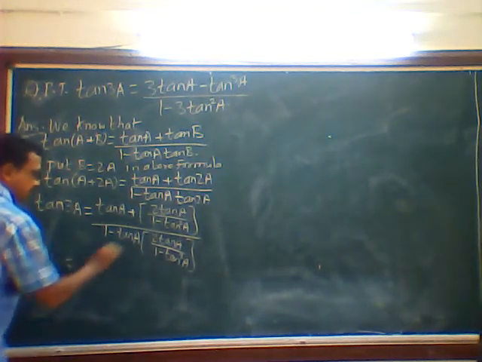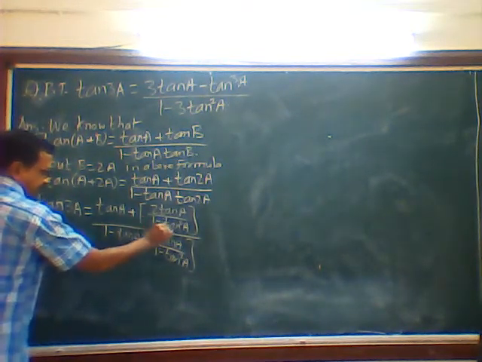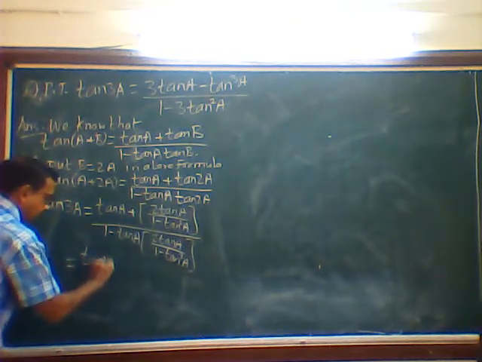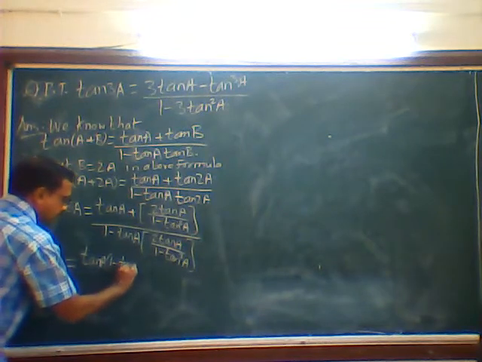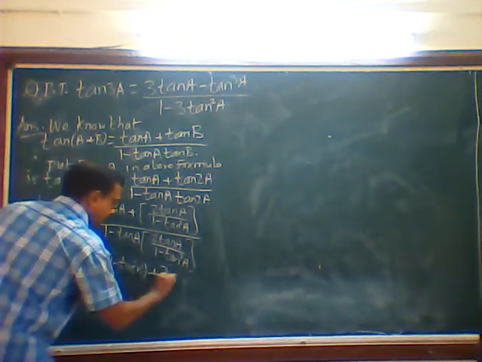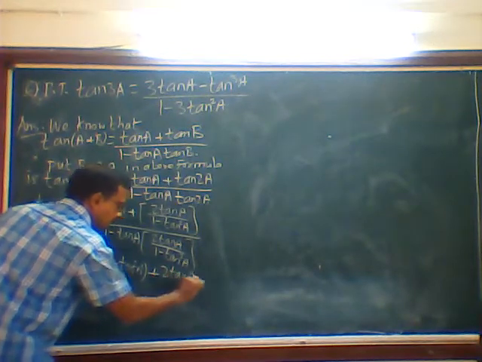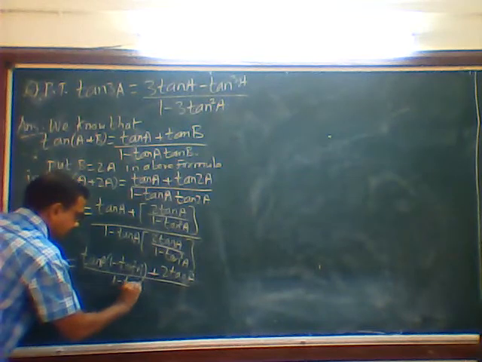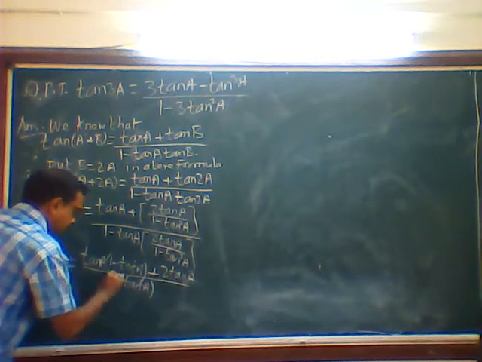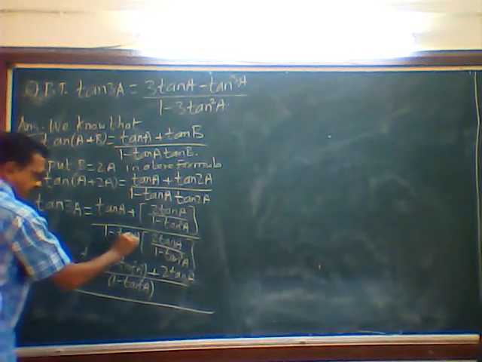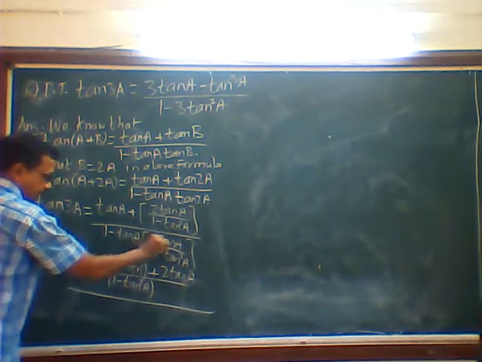Now what happens here? Here the LCM is this, I will cross multiply: tan a into (1 minus tan square a) plus 2 tan a. Okay, whole thing divided by 1 minus tan square a. Whole thing divided by, again here, 1 minus tan a into 2 tan a will become 2 tan square a.